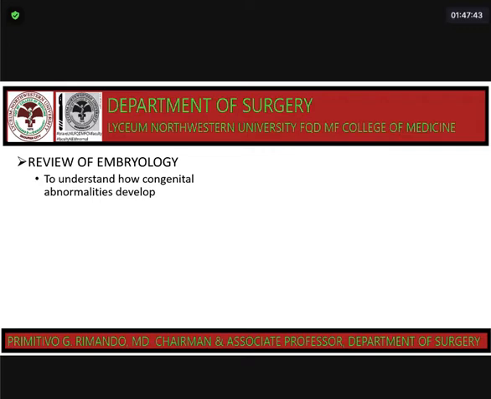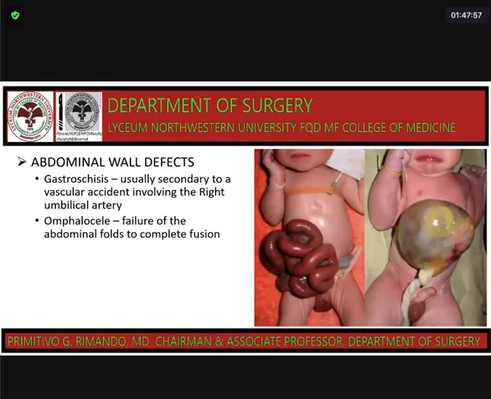You just type in, for example, embryology of the abdominal wall, and you can have a short review of the embryology. Of course, this will be discussed in detail in pediatric surgery, or if it has already been discussed, we're just going through them.